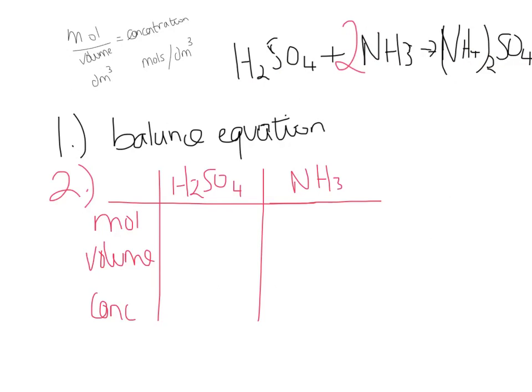So in this example, we're going to say that the concentration of the H2SO4, which we know, is 5 moles per decimeter cubed. I'm going to say that the volume used to titrate, to neutralise the NH3, was 40 centimeters cubed.